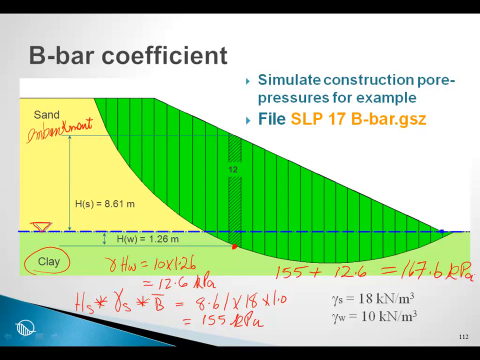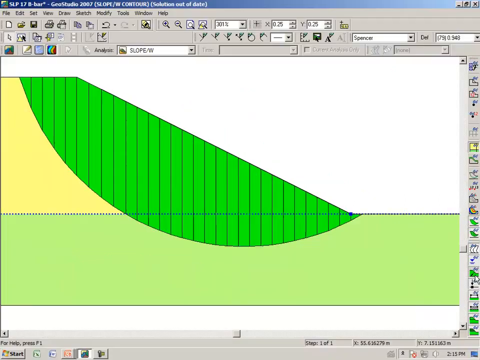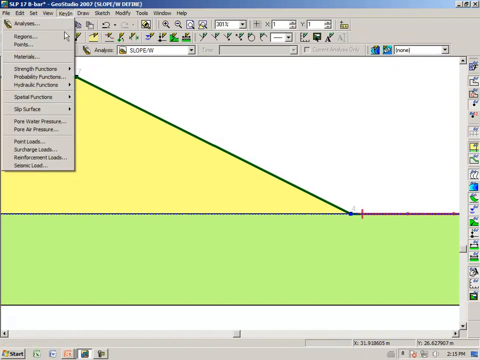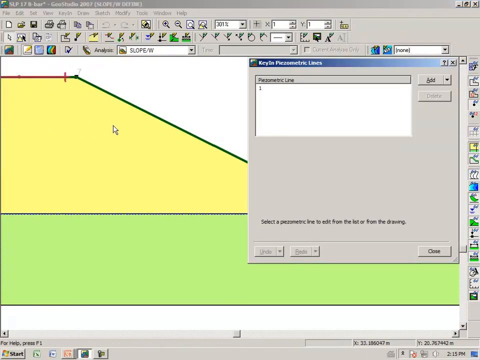Let us now open up SLP 17. Make sure that you start out in Define view. We need to look at Key In pore pressures.